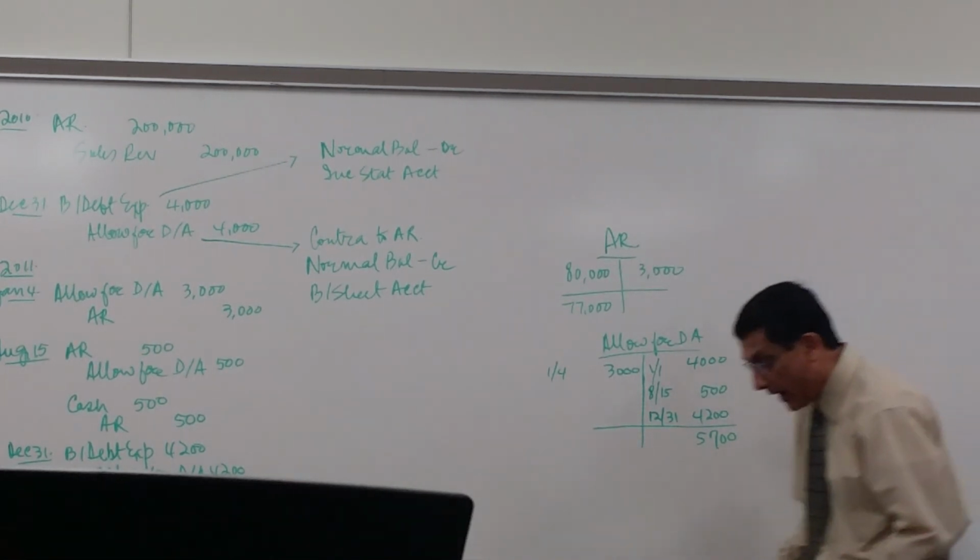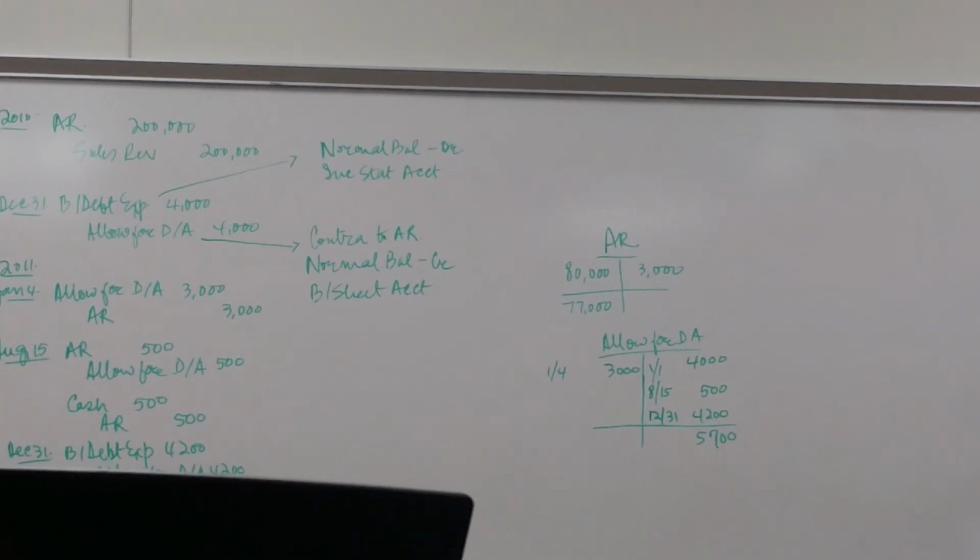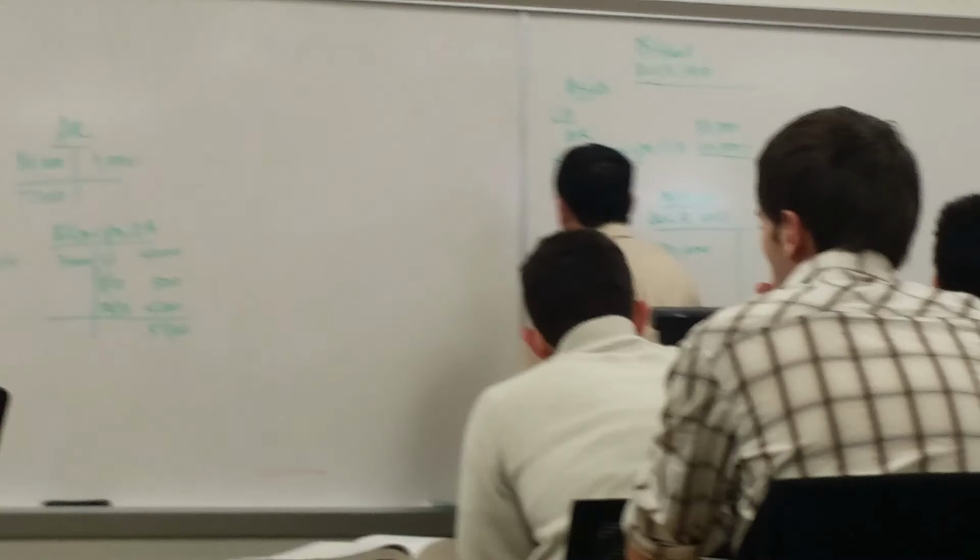If I were to ask you to determine the balance in net receivables on December 31st, 2011, can you do that? The accounts receivable balance as per the calendar, is it 90,000? What's the balance in my allowance for doubtful accounts?